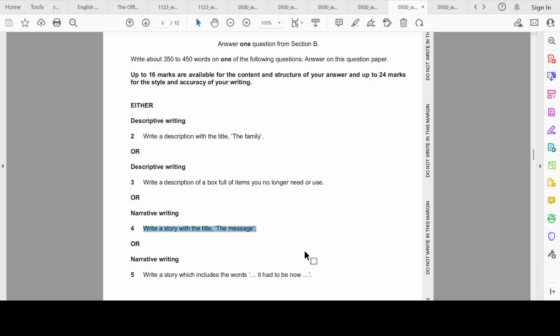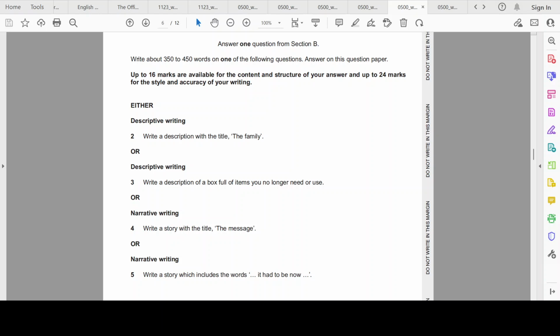It's just how it's presented. So if you can manage that, then that's fine. And of course, you have the other prompt, which is write a story which includes the words "it had to be now," and that's exactly how you get a prompt in 1123. So the 0500 paper is very useful for furthering your practice for the 1123, right?